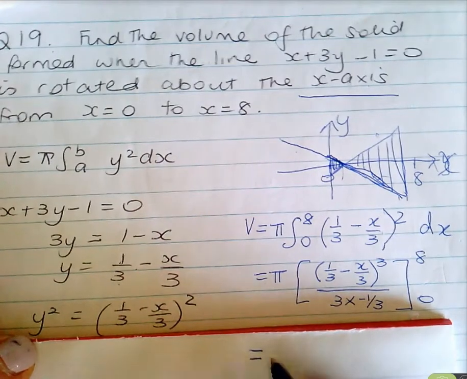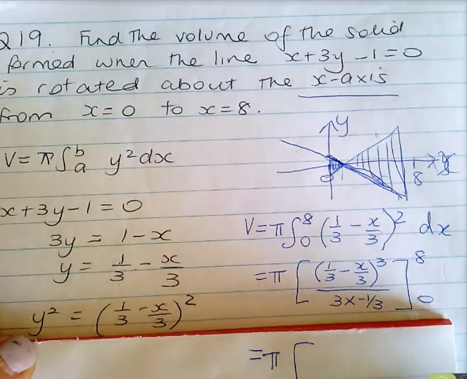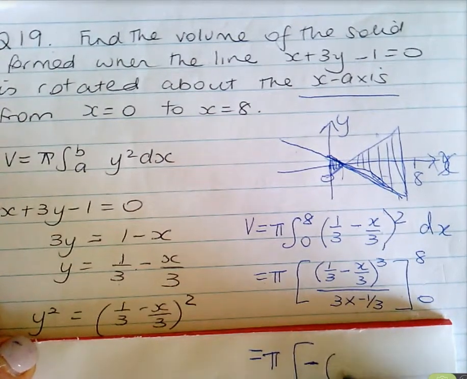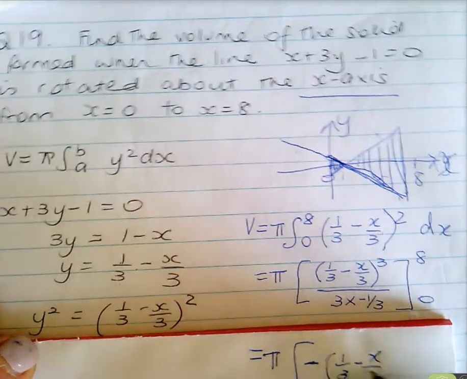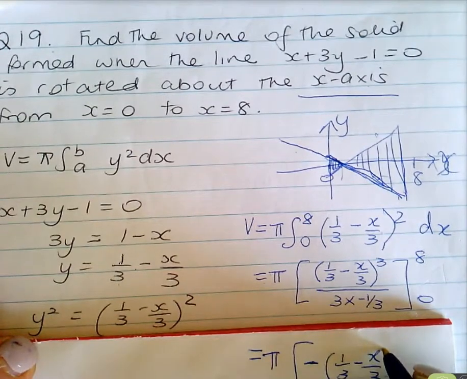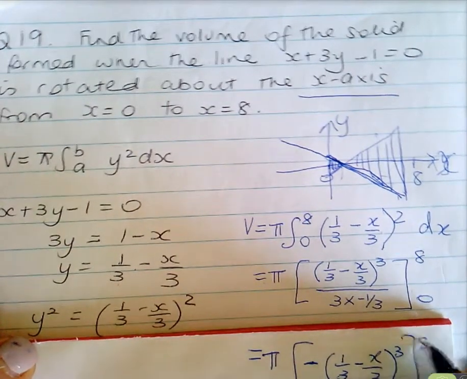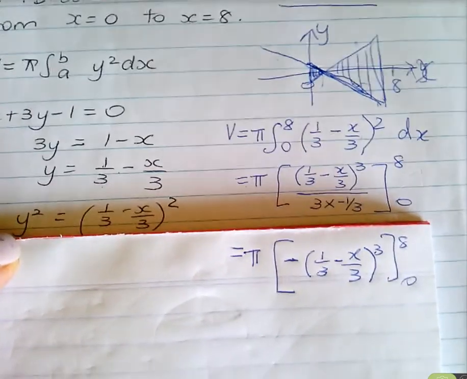So it equals pi. Instead of putting over negative 1, why don't I just put a negative here? 1/3 minus x over 3 cubed between 8 and 0. Now I'm going to move down. Wait a sec. Tear this off. Move this here.